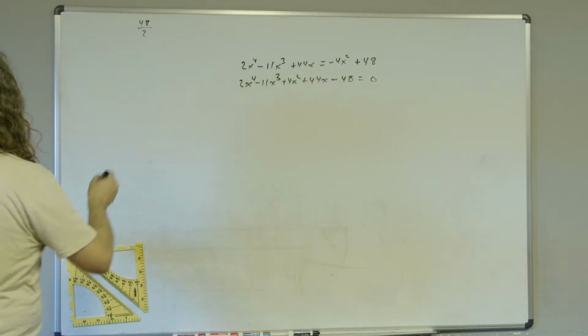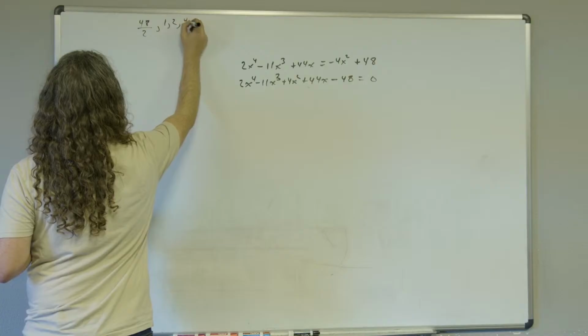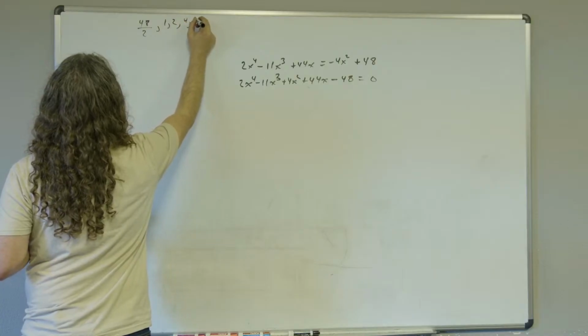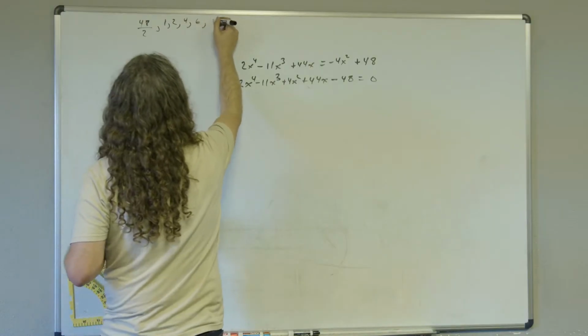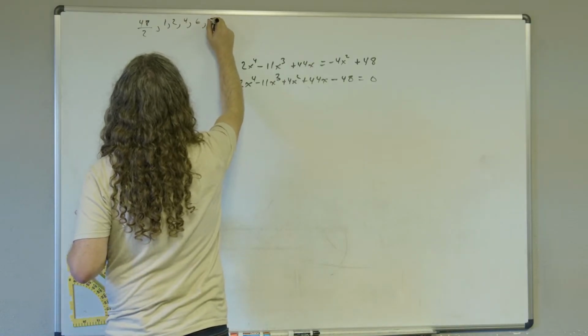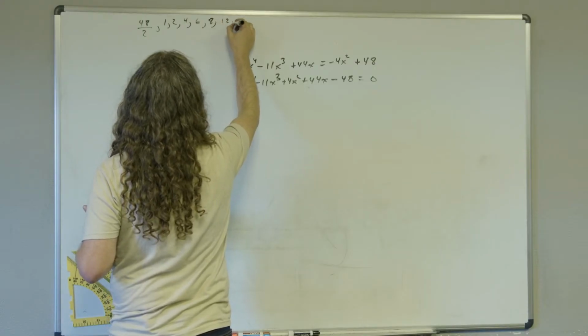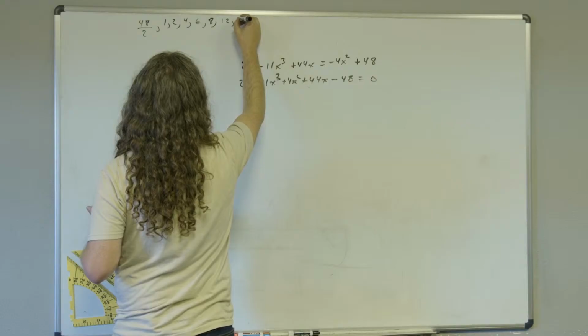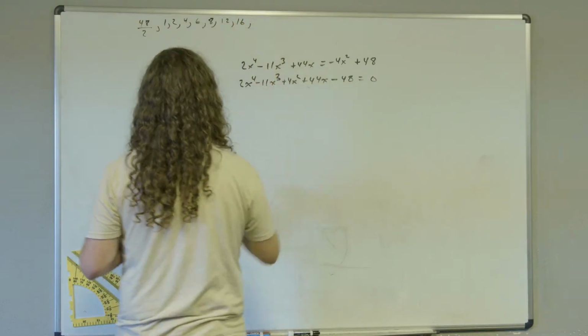So the factors of 48 are 1, 2, 4, 6, 8, 12, 16, 32. Wait, shouldn't 3 be there?